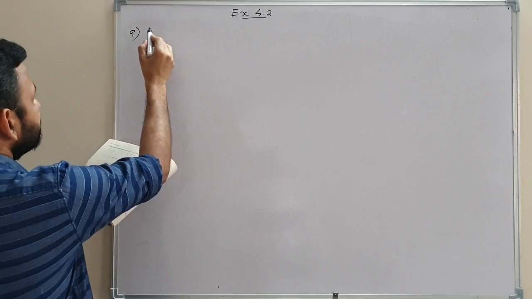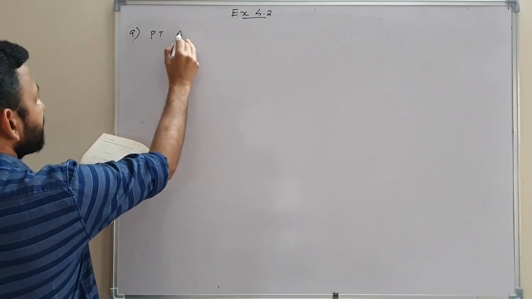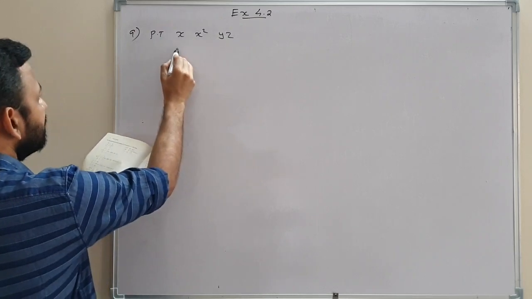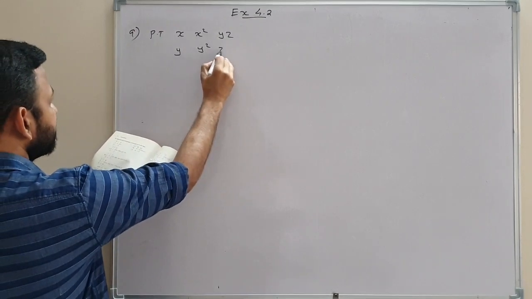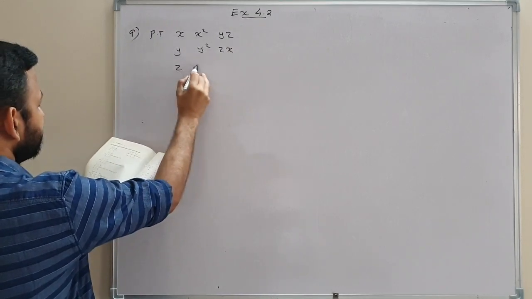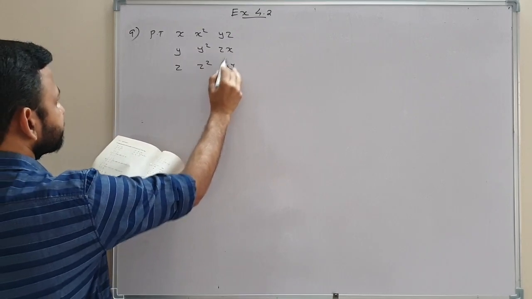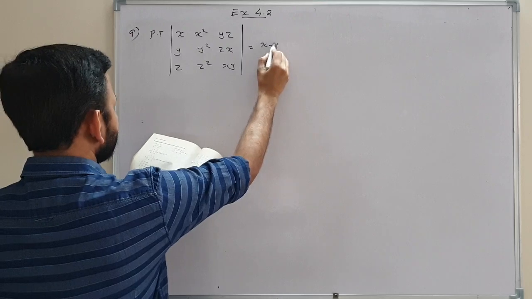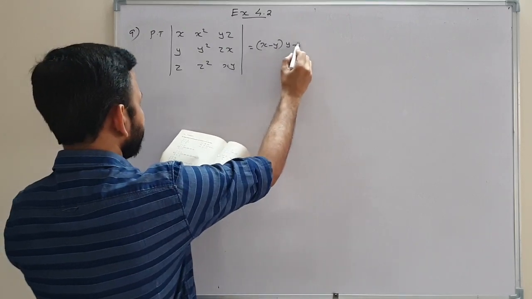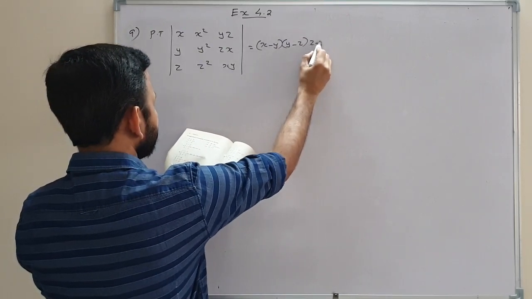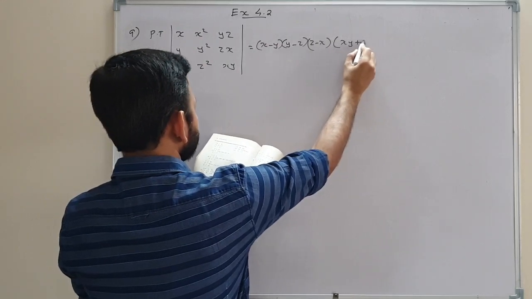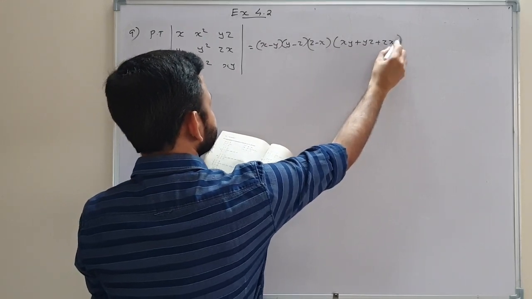Question number 9, prove that the determinant with rows x square, yz; y square, zx; z square, xy equals x minus y into y minus z into z minus x into xy plus yz plus zx.